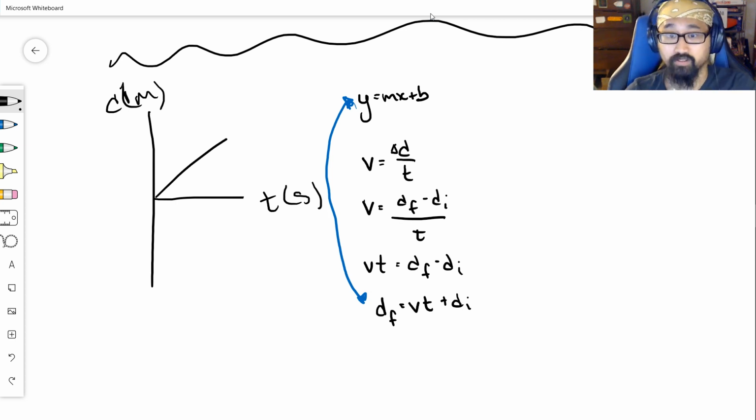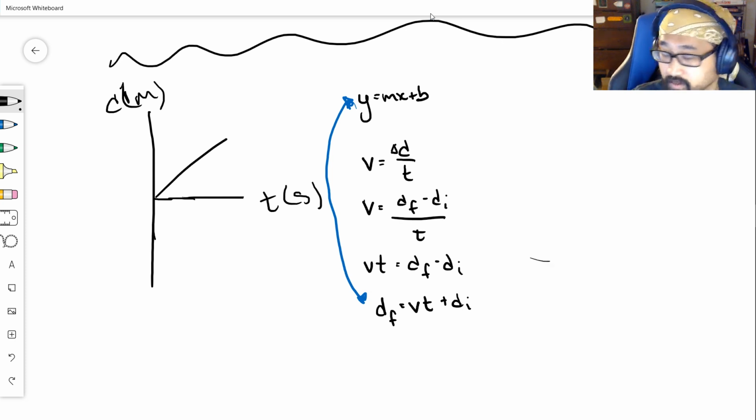So where did you start? Where did we begin? In this case, we're beginning at the origin, but if the line was drawn down here, then it would be a different y-intercept, but that would be reflected in this equation. All right? So I'm trying to make connections here. That's my whole goal. Physics is about making connections.